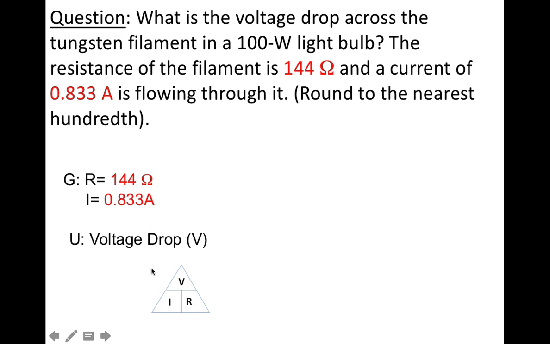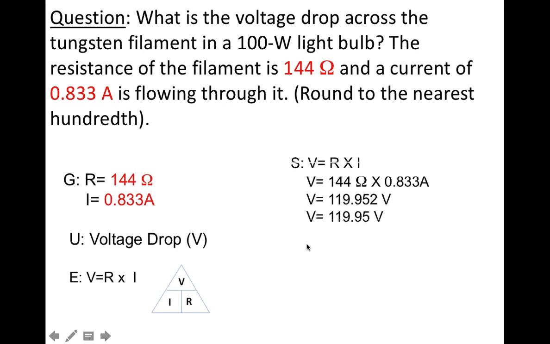How will we find it? We need to figure out our equation. We're trying to find the voltage drop, so these two variables are beside each other. We're going to multiply. So the equation is V equals R times I. Now you can substitute in your values.